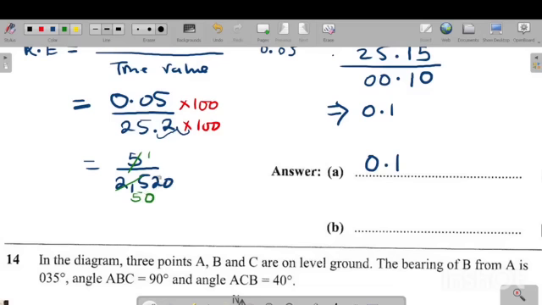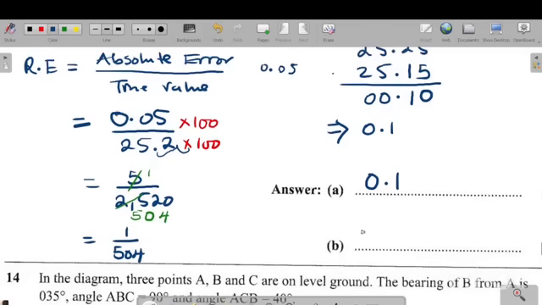Then 5 into 20 is 4. So the answer is going to be 1 over 504. So relative error is equal to 1 over 504.